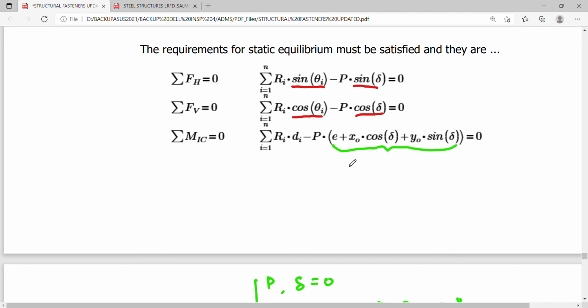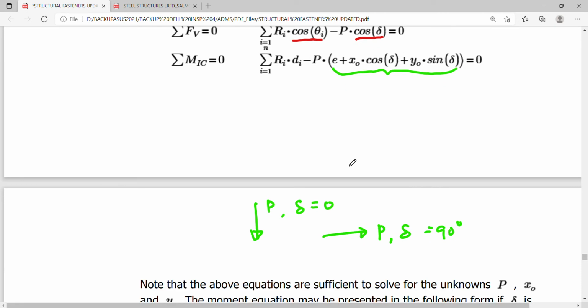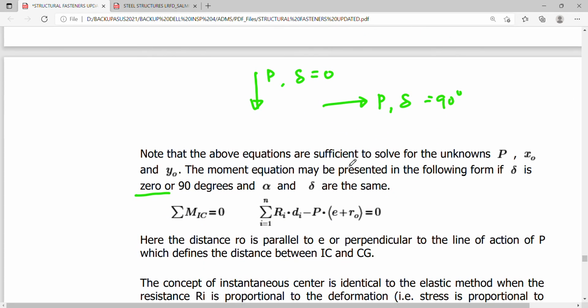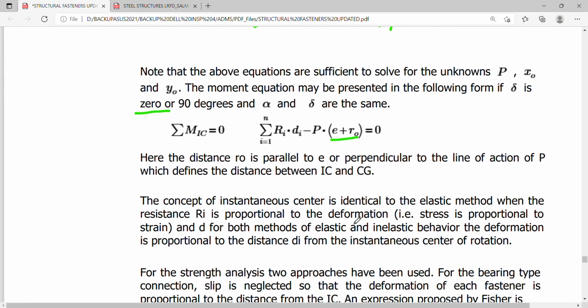So you will be looking into a remaining expression in terms of E plus RO here in this regard. So here the distance RO is parallel to E or perpendicular to the line of action of P, which defines the distances between IC and CG.